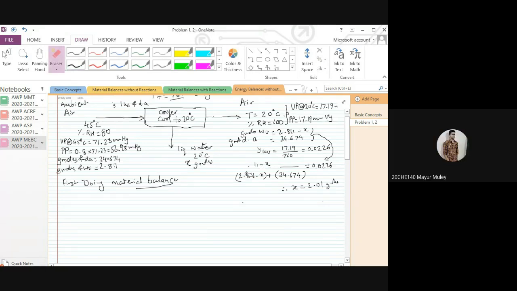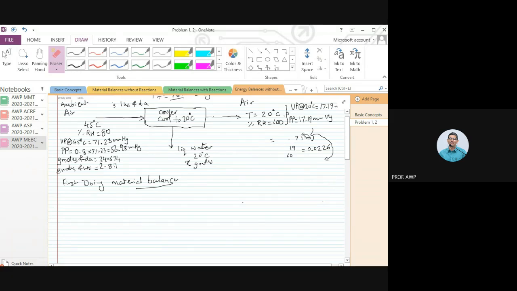Now that we have got X, let's write all these things so that we are clear what we are doing. It's always a good idea to write the values everywhere. So this X has come out to be 2.01, sir.